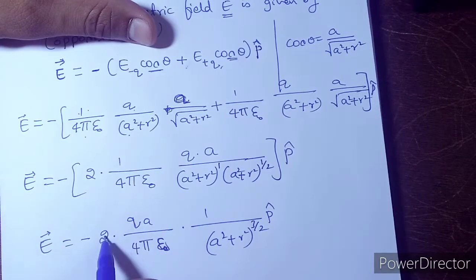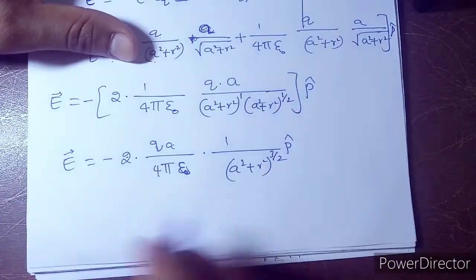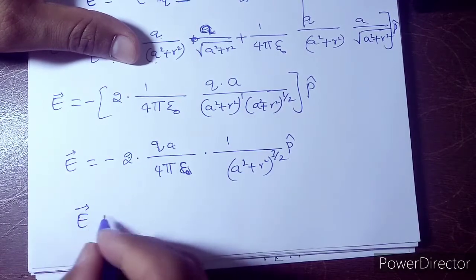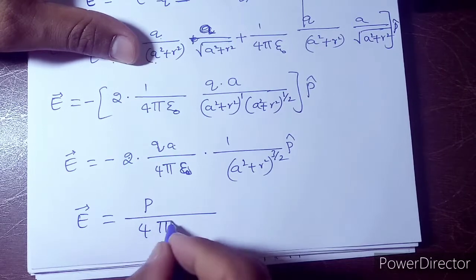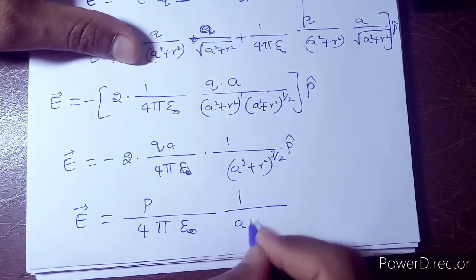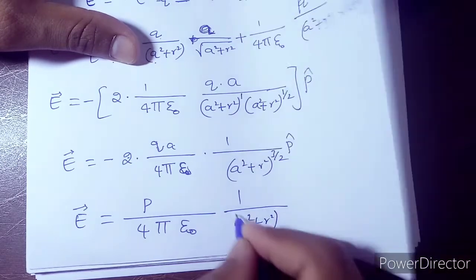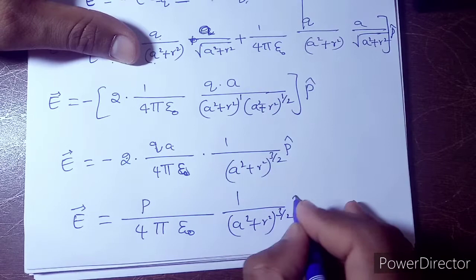Here we know 2aq is nothing but the dipole moment. So we can write that E is equal to p divided by 4 pi epsilon naught, 1 over a square plus r square power 3 by 2, into p cap.